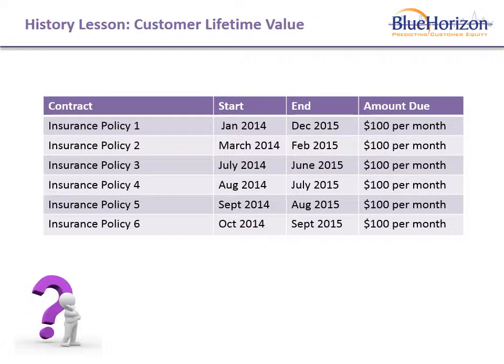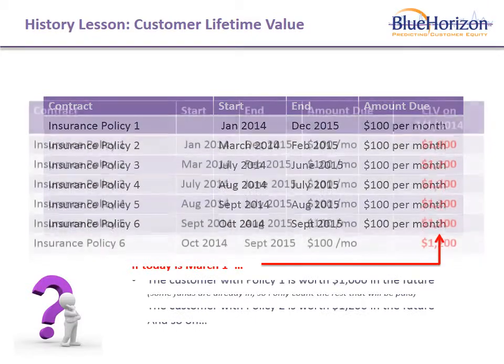It's very predictable because we've arranged all of this in writing with our customer in advance with a contract or a policy. The lifetime value of a single customer at a certain point in time is the cash flow, or the net present value, that will be realized from the rest of their contract.